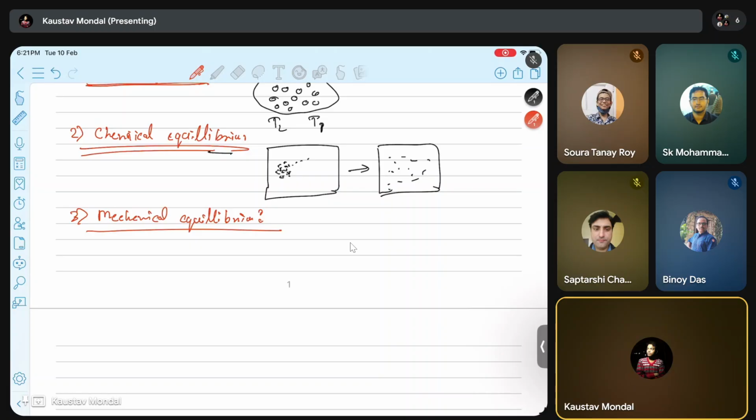This creates an unbalanced force in the system, so the system tries to attain a balance, and because of that it achieves mechanical equilibrium.